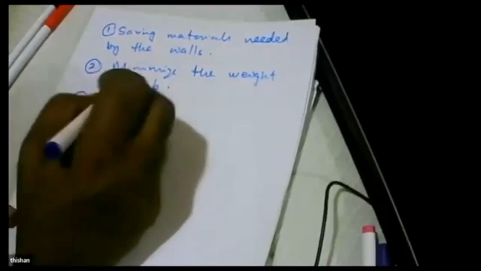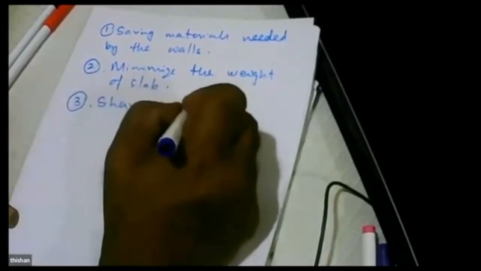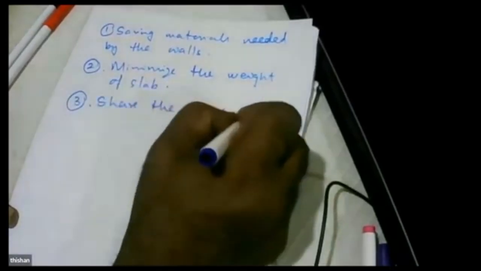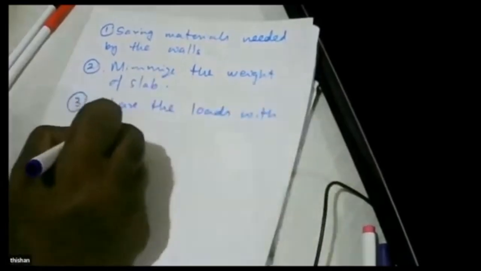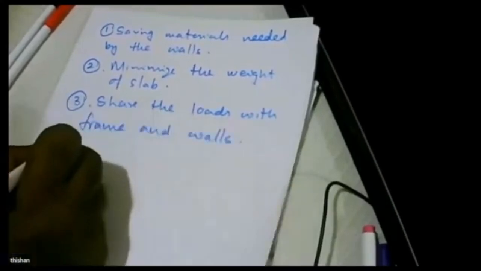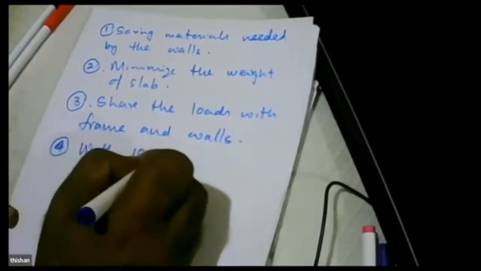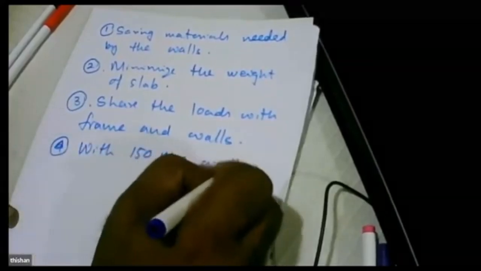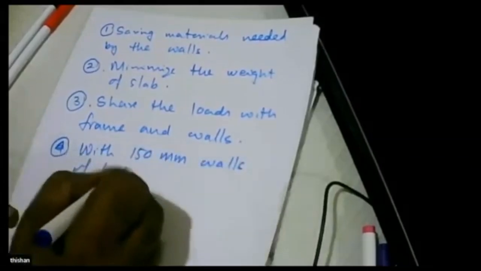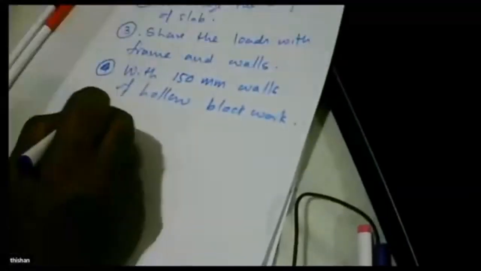Number 3, share loads with frame and walls. So, with 150 millimeter walls of hollow block work, we can go up to 4. Can we go up to 4?